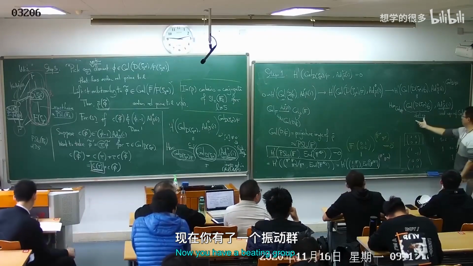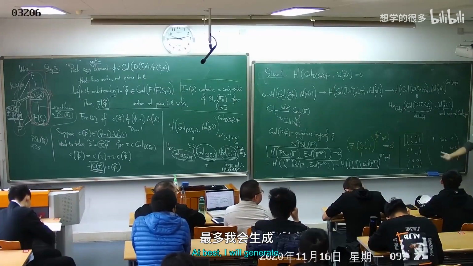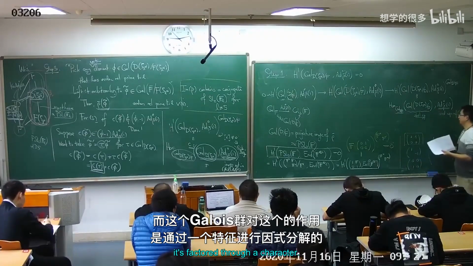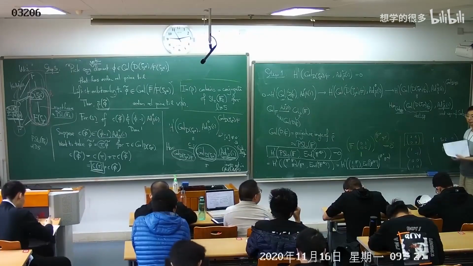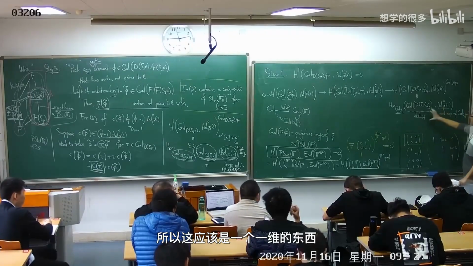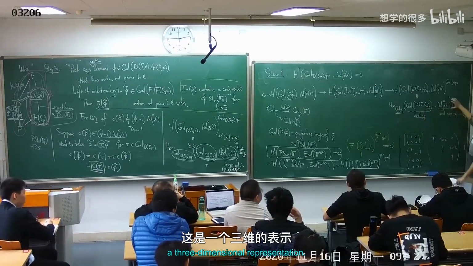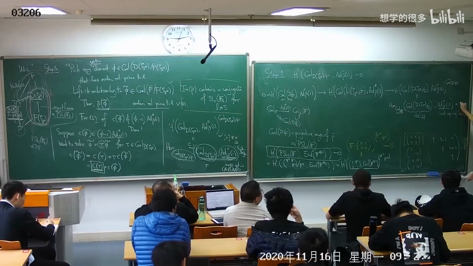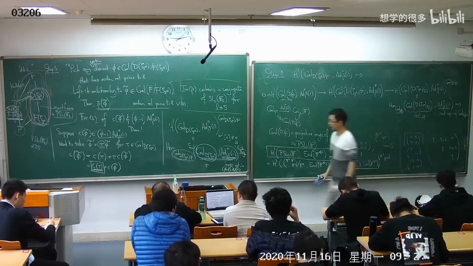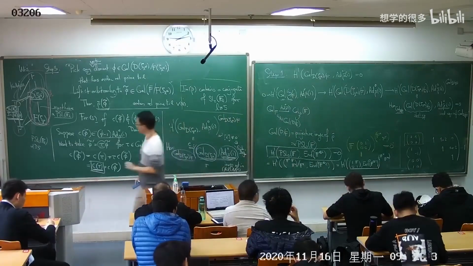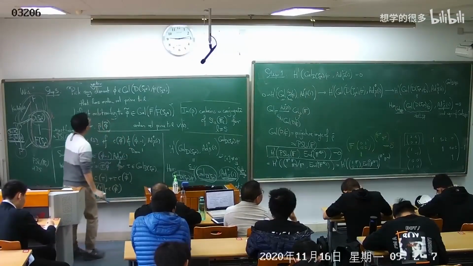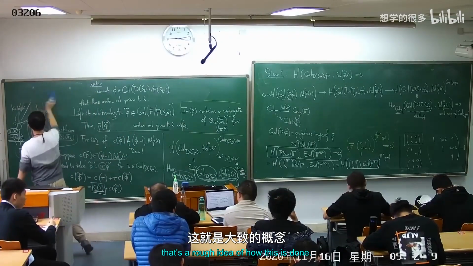Now you have an abelian group, and the action of the Galois group on this one factors through a character. So this is a one-dimensional thing, and this is a three-dimensional irreducible representation. There's no Hom between them. So we're done. Whew. So that's a rough idea of how this is done.